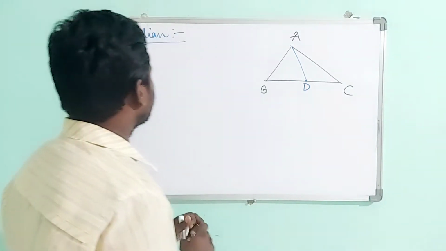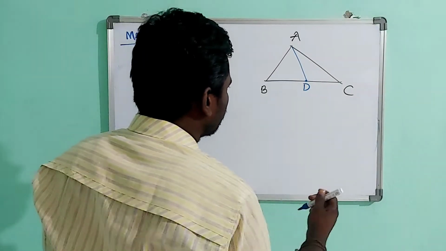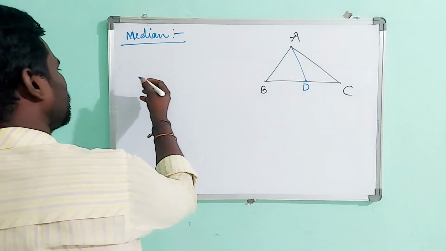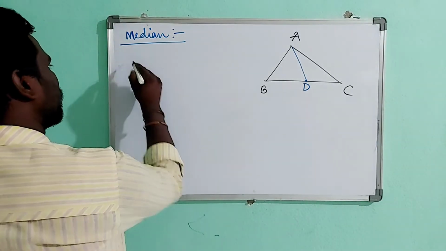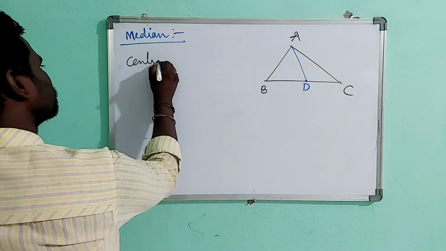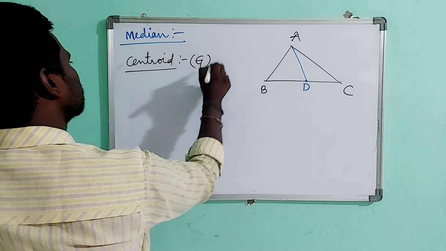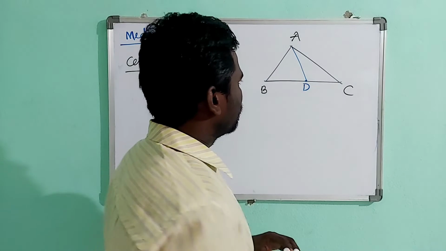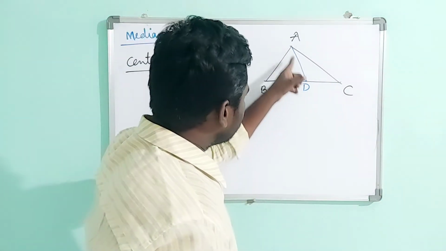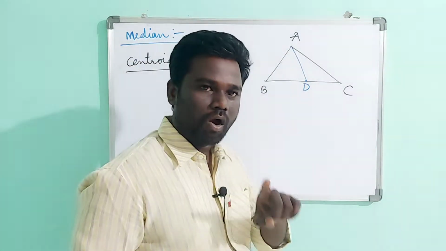And now straight away, what is the definition of centroid? Which is usually denoted by the symbol G. Now here, medians of a triangle are concurrent.